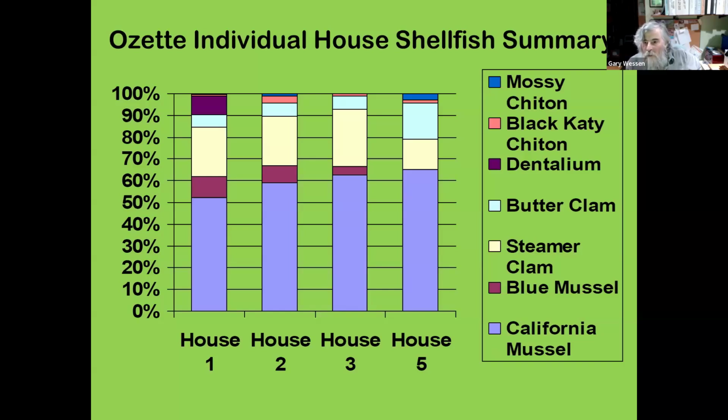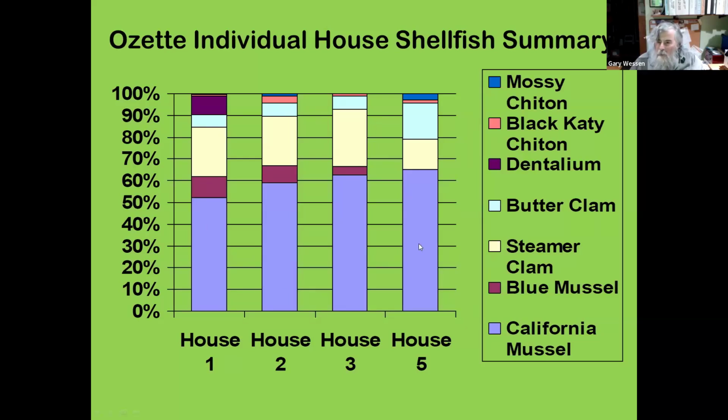Different portions of the beach were controlled by different families. And this is a resource regulation mechanism, because if everybody collected on the beach in front of the site, they'd wipe it out quickly. And I think from this distribution here, we have good grounds to suggest that the residents in house 1, house 2, and house 3 are members of the same lineal group, and are collecting off the same suite of beaches.